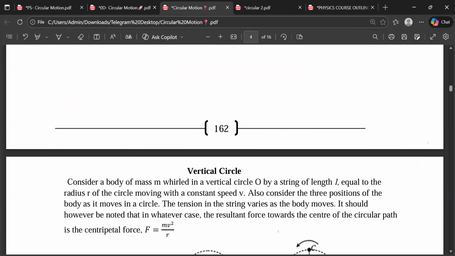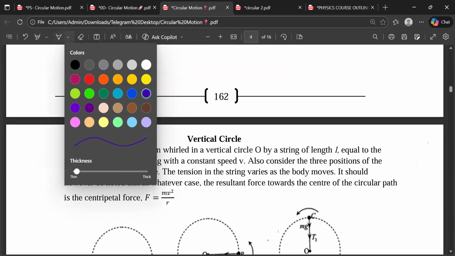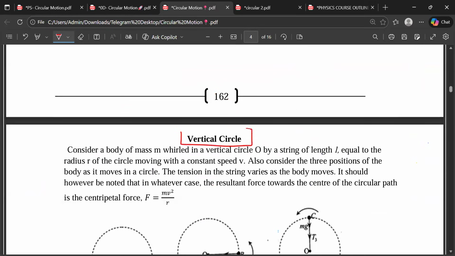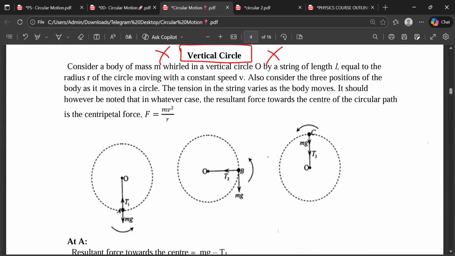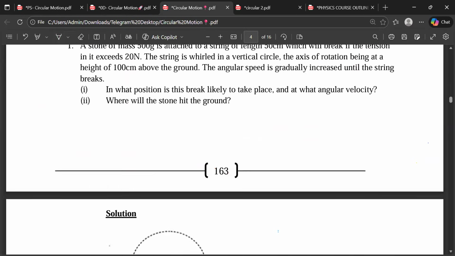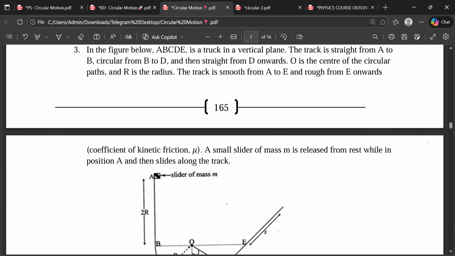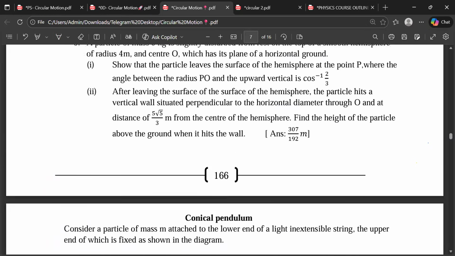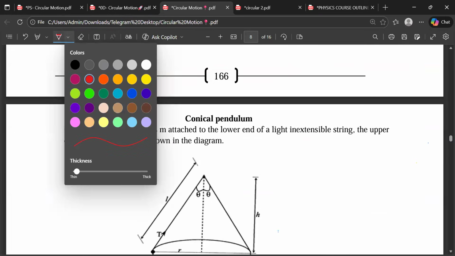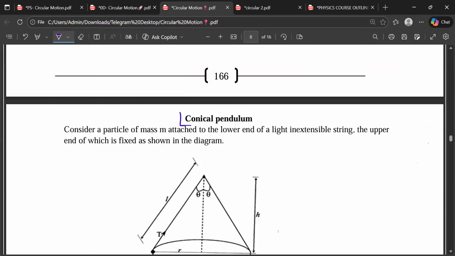We are there. So you all know the vertical circle is out of these things. Then after the vertical circle, I think the next thing shall be the conical pendulum. So vertical circle, ignore. I told you the conical pendulum will have a special lesson, because it has some serious physics.